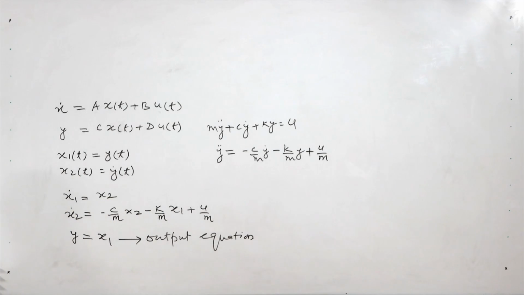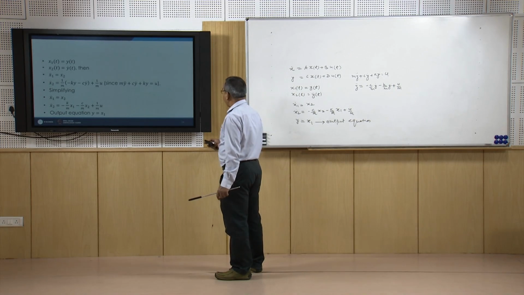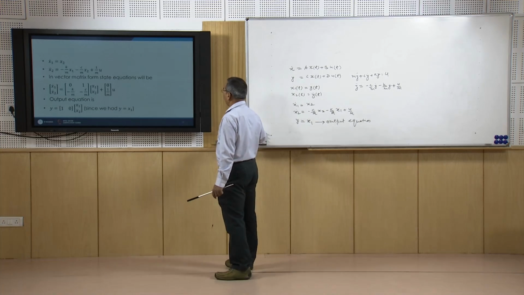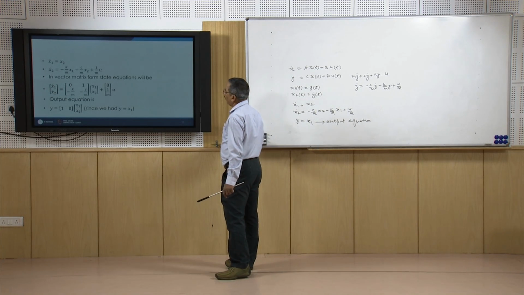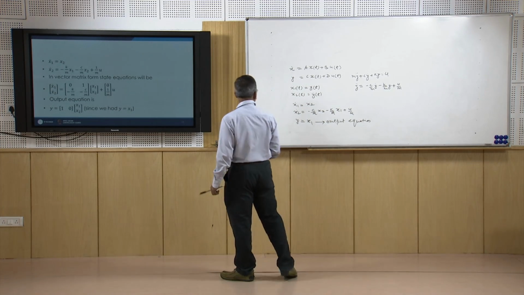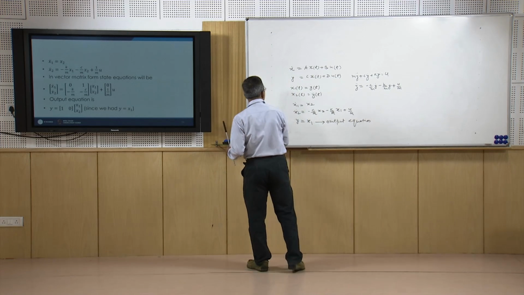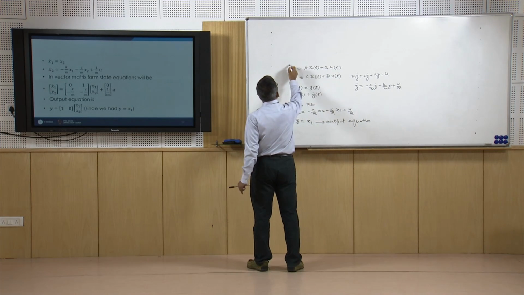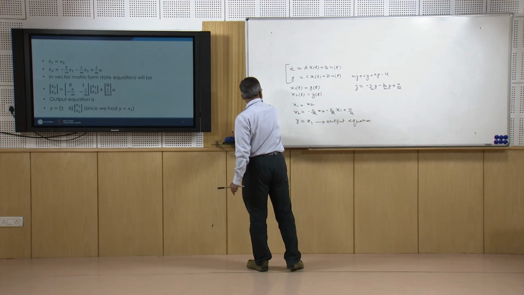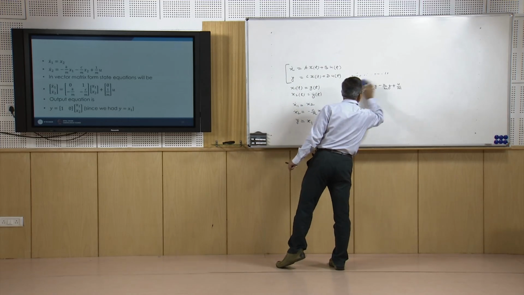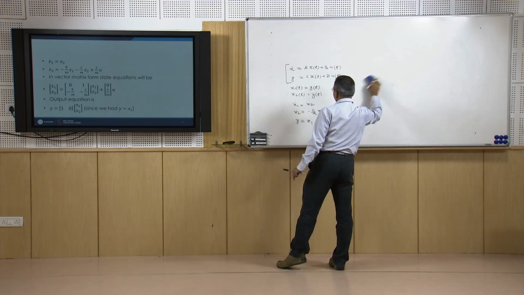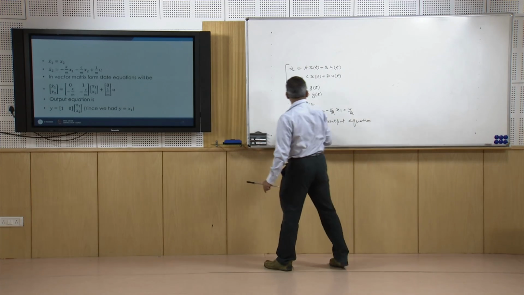Fine. Now, what can I write? I can write this equation in the vector matrix form, and remember I want to put my expression in this form. That I can do using these two equations.